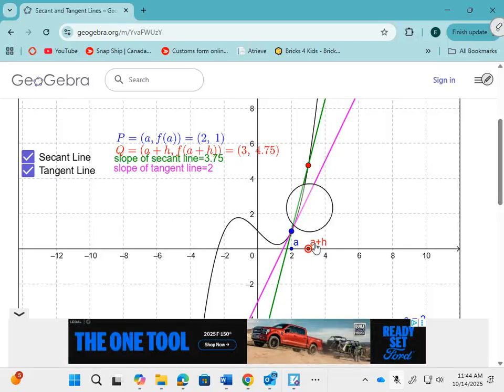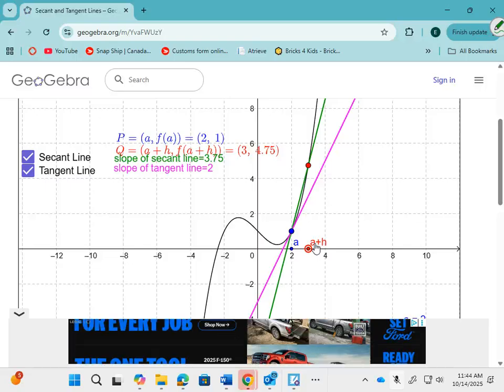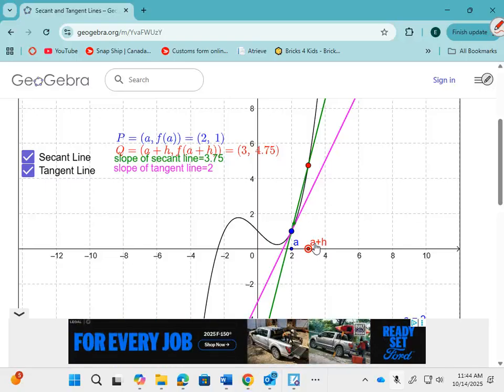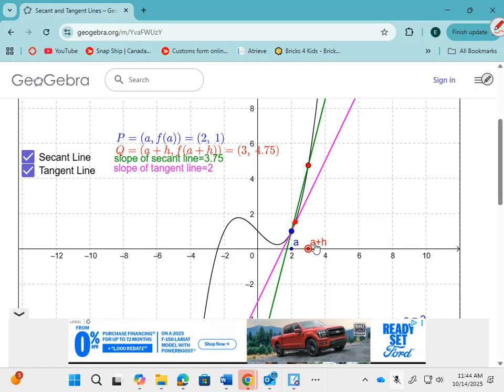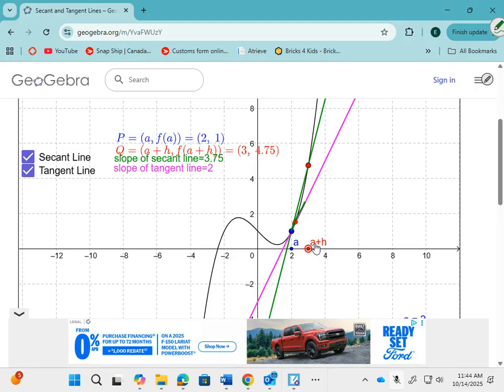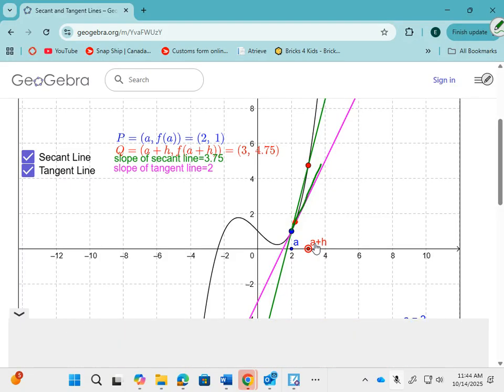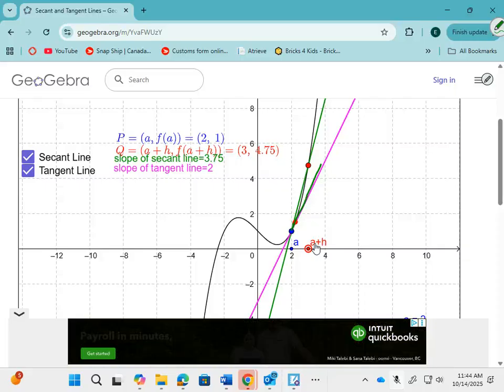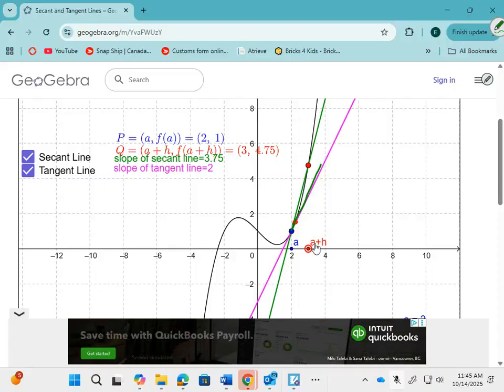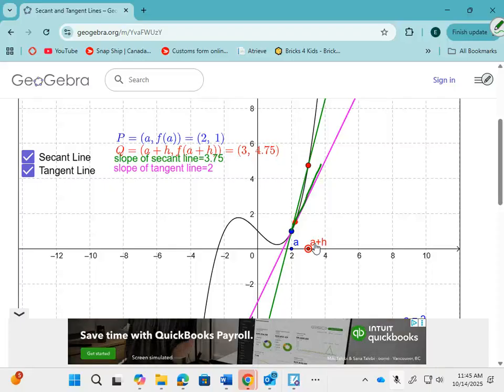And if I erase that and move my red dot really close, and then I drew a secant line between those two, oh my goodness, that would be really, really close. And if I took the limit as they got closer and closer together, would not the secant line get closer and closer to the tangent line?